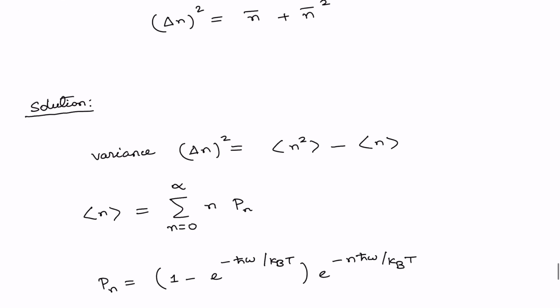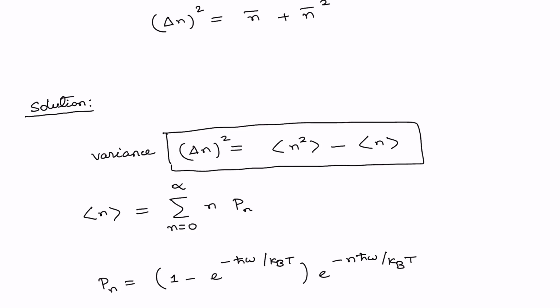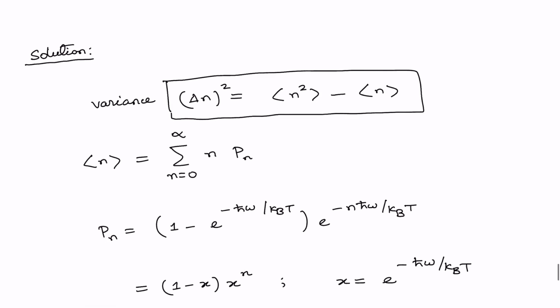And you know the variance is given by this formula. Here you have to find the average of n square, and then you have to find the average of n photon. So the average photon number is given by this expression, and Pn is the probability distribution.